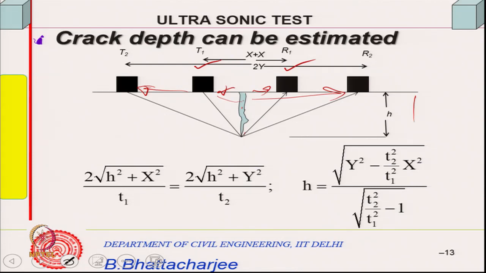So, the path is simply square root of h square plus x square, and since the velocity is same in both the cases, then this too should be same. In this case, path is square root of y square plus h square, twice of this divided by t2, that is the velocity, distance traveled, and in the first case distance traveled is this much, and therefore one can obtain the value of h.